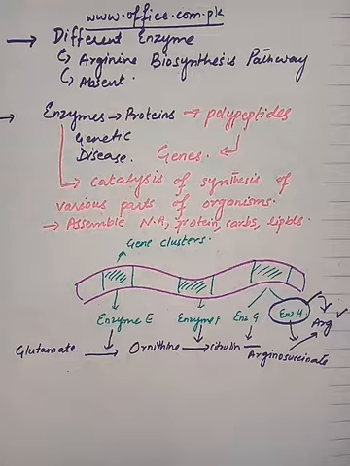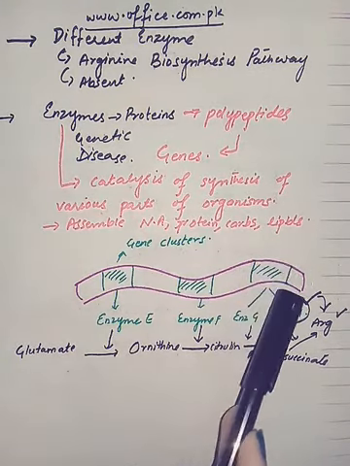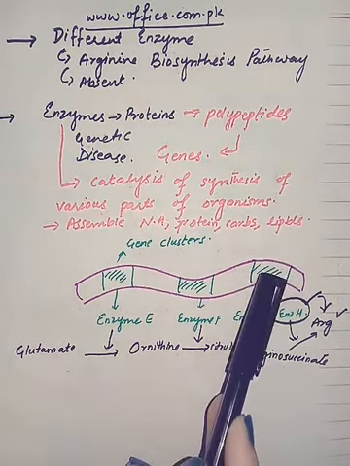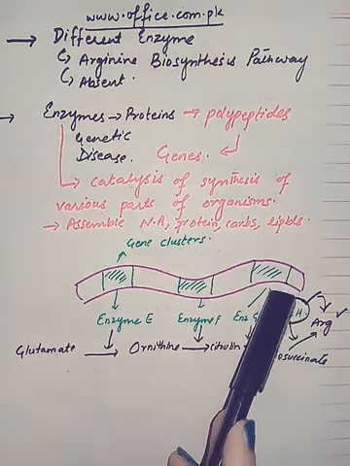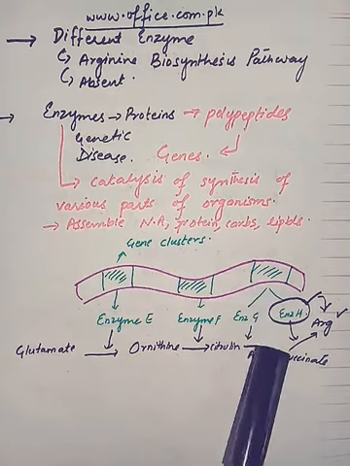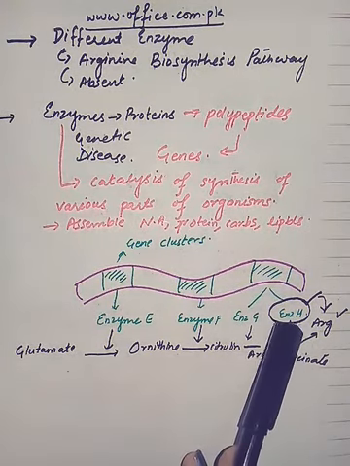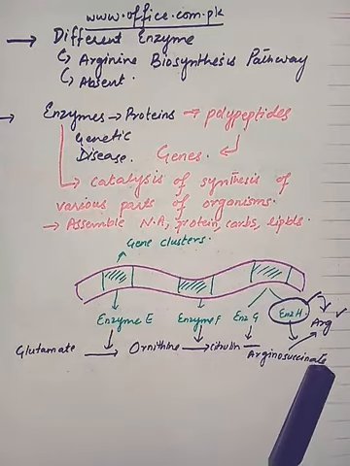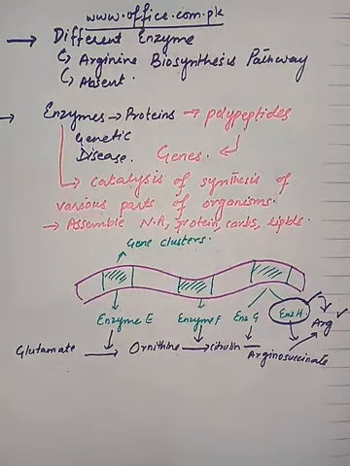So since the enzyme was absent because this gene cluster was damaged because of the X-rays, that is why enzyme H was either not present, could not be formed, or it malfunctioned, due to which it was unable to carry out the conversion of arginosuccinate into arginine, and hence Neurospora could not grow on the minimal medium.